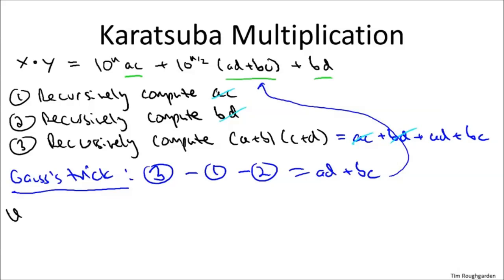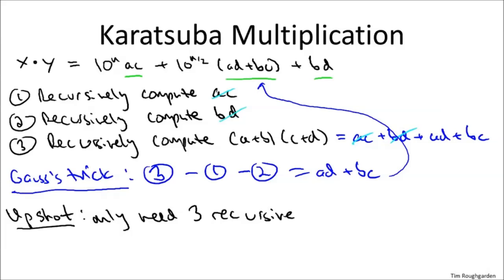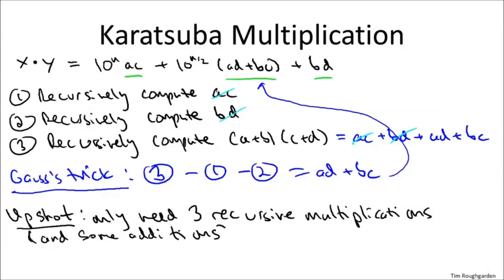So we can indeed compute the sum of AD and BC without separately computing each of them, and that's exactly what we wanted. This gives us a second recursive algorithm for multiplying two integers that makes use of fewer recursive calls, only three recursive calls rather than four. And as before, there's a little bit of work to do beyond the recursive calls, but not much. You just have to do some padding by zeros and adding up the results.